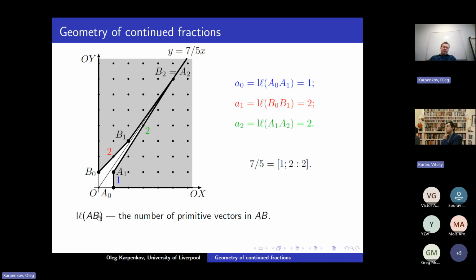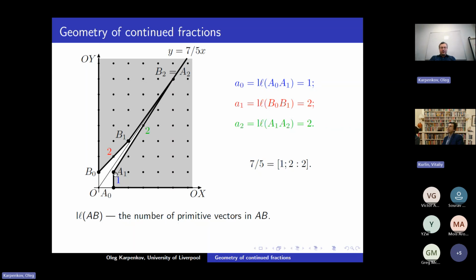Right, so now we need to introduce some integer invariants. Like in every geometry, we have invariants of that geometry. In integer geometry, which is based on integer affine transformations, I will explain this a bit later. The simplest invariant here is how many points there are inside the segment.